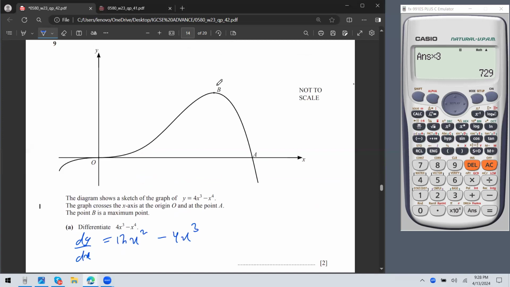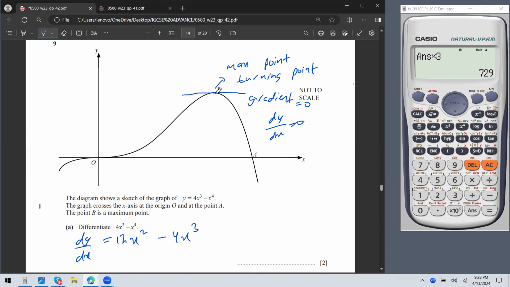So B is basically the maximum point, or better call it a turning point. And you know that at this point, if you draw a tangent, the gradient is 0, right? Gradient is equal to 0. Or in other words, dy by dx is equal to 0.